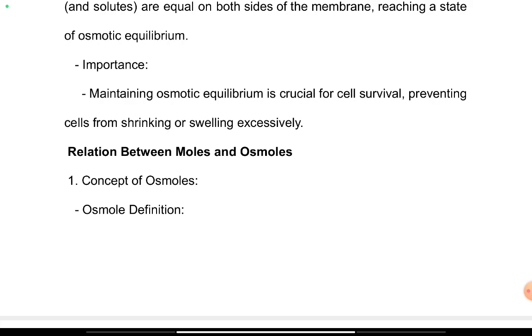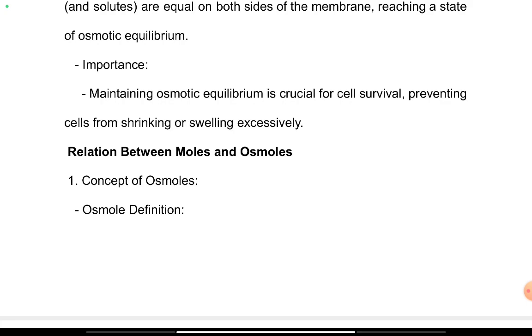By the time you add them together, you're getting something like 500. So 500 is already higher than the 300 in the interstitial fluid and the approximately 300 in the intracellular space. Meaning that one compartment now has a higher solute concentration than the other.